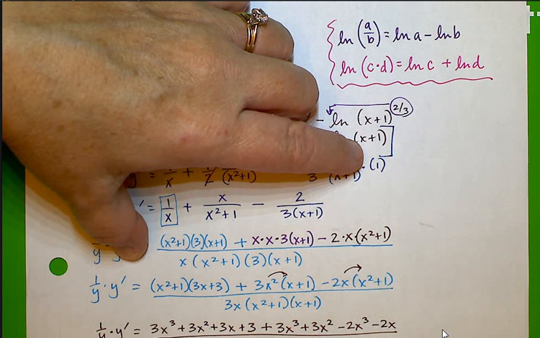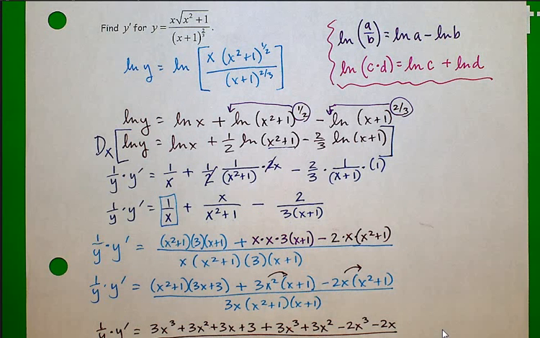I need to combine like terms. Let's see, I got 3x cubed and 3x cubed. That's 6 minus 2, 4x cubed. 3x squared, 6x squared.